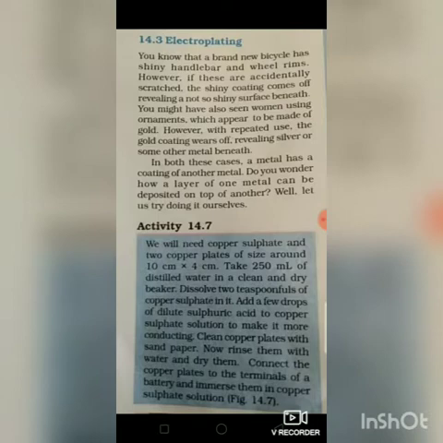Now let us see electroplating. You know that a brand new bicycle has shiny handlebars and wheel rims. However, if these are accidentally scratched, the shiny coating comes off, revealing a not so shiny surface beneath. You might have also seen women using ornaments which appear to be made of gold.